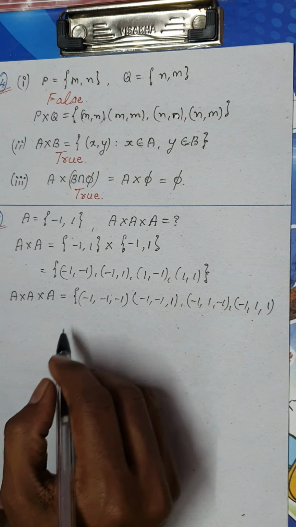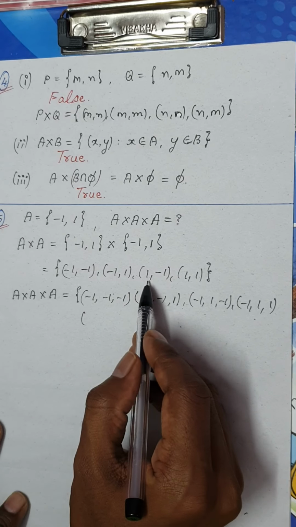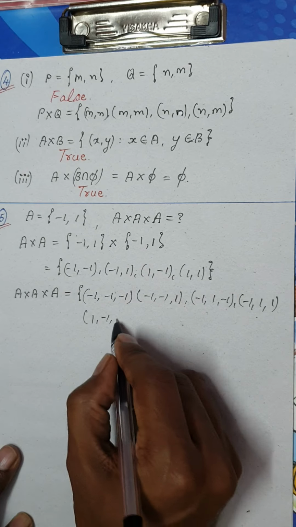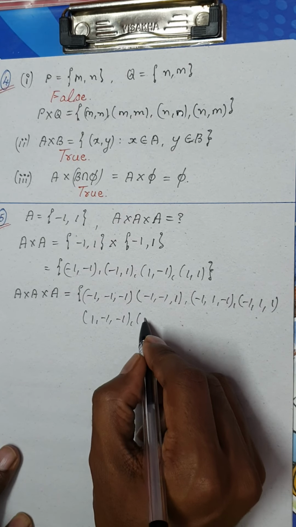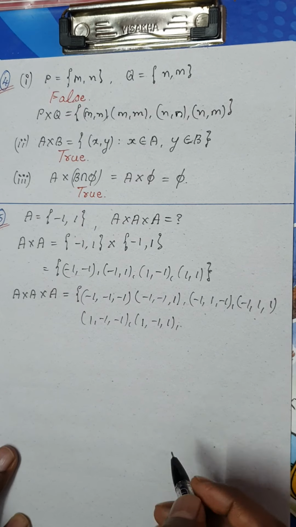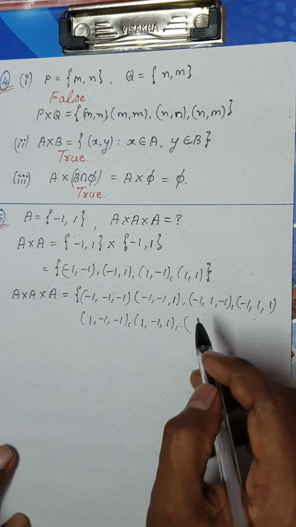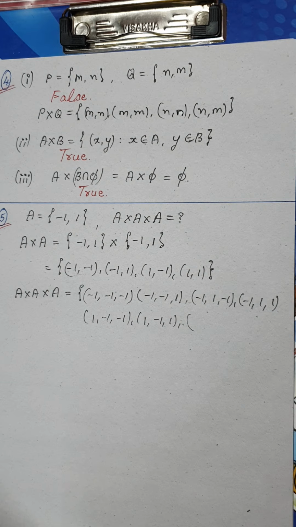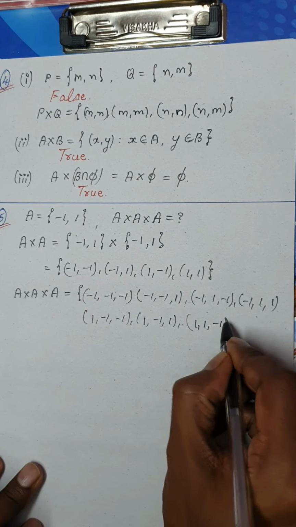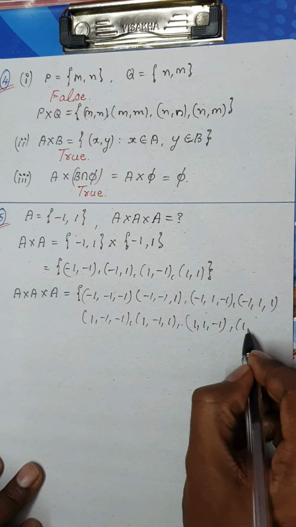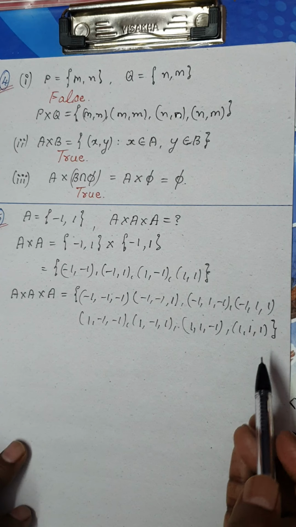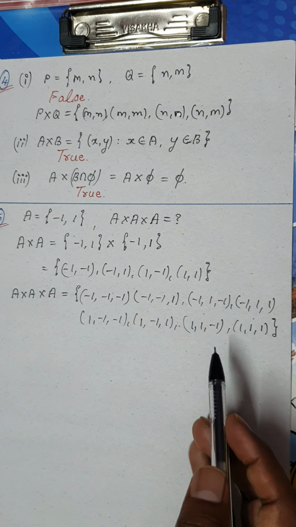In the same way, the third pair: (1, -1) is paired with -1, and similarly (1, -1) is paired with +1. Finally the last one is (1, 1). So (1, 1) is paired with -1 and (1, 1) is paired with +1. So you can see here this is the required solution.